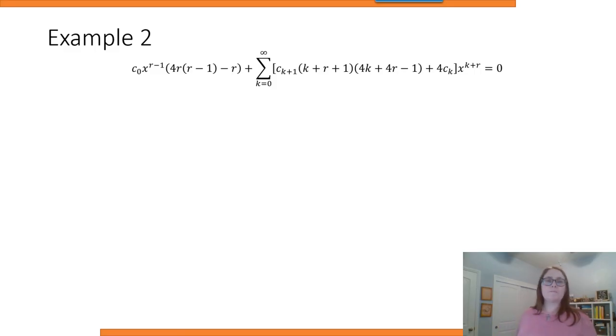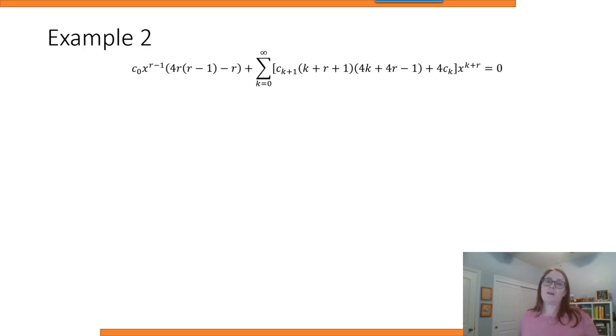Okay, so the coefficient that is multiplying c naught x to the r minus 1 is going to be the equation I solve for r. Now, one of the bedrocks of the method of Frobenius is that we're always going to assume that c naught is not 0. Normally we say that some of them might be arbitrary and unknown, and then the rest of the c's have to equal 0.